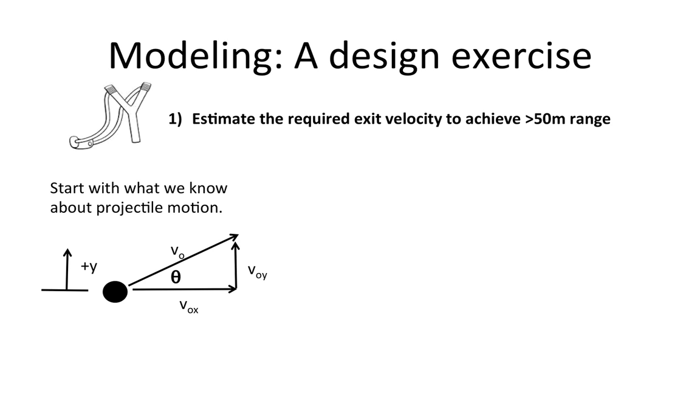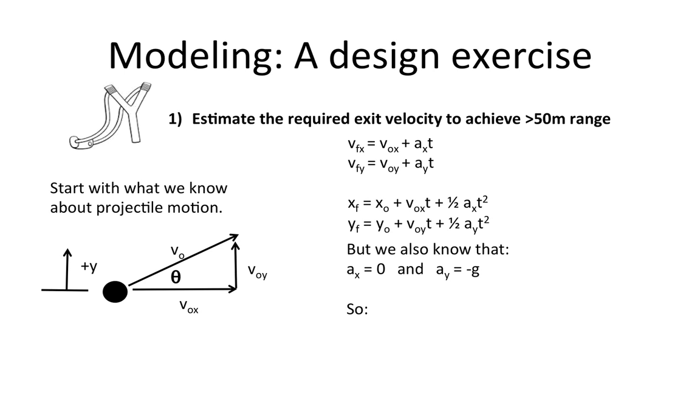If we have a velocity vector aiming off at an angle theta, then there's an x velocity and a y velocity initially, and we can write the particle velocity and displacement equations: velocity final in the x, velocity final in the y, position final in the x, and position final in the y, as a function of those initial conditions and the accelerations in x and y.